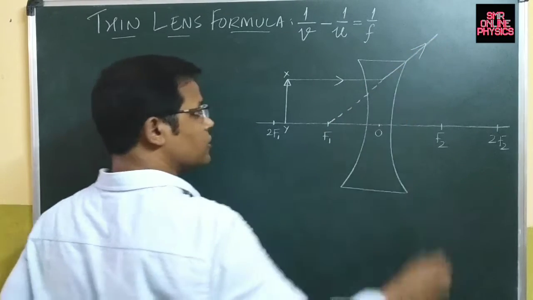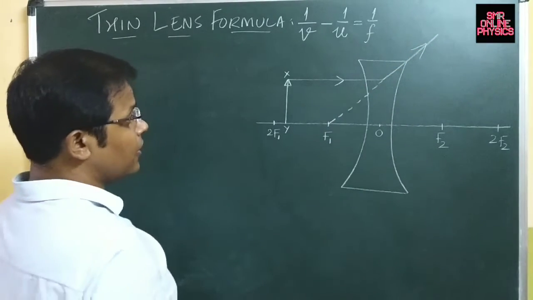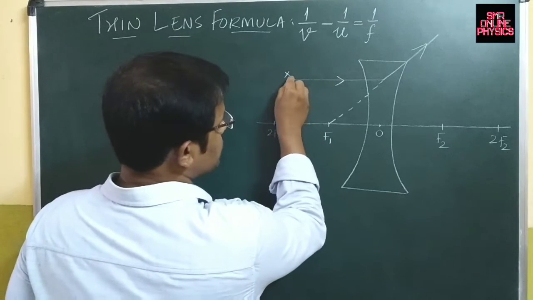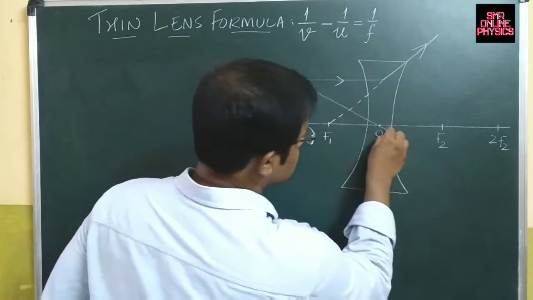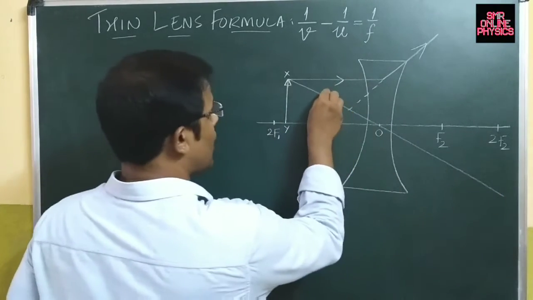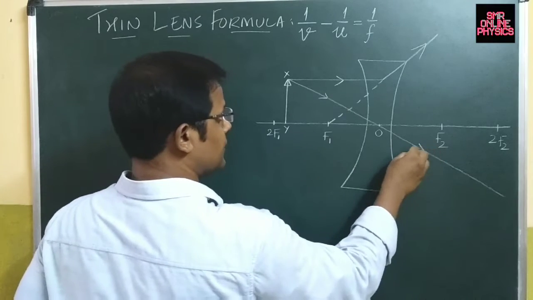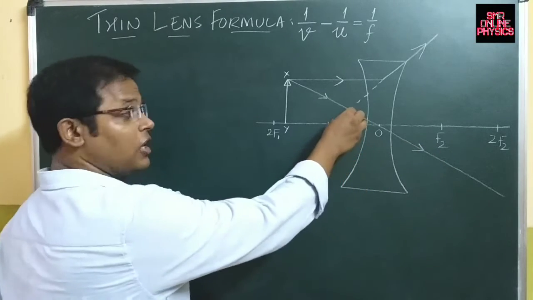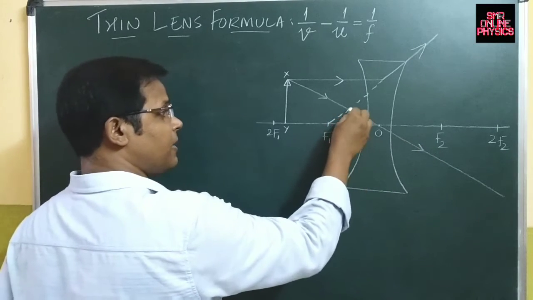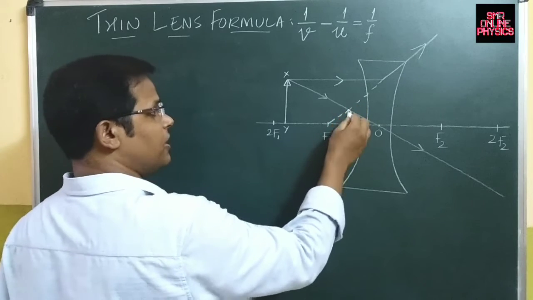So this is how it looks. Now next, any ray of light passing right through the optical center goes undeviated. That's it. So thus a virtual, erect, but diminished image is formed.